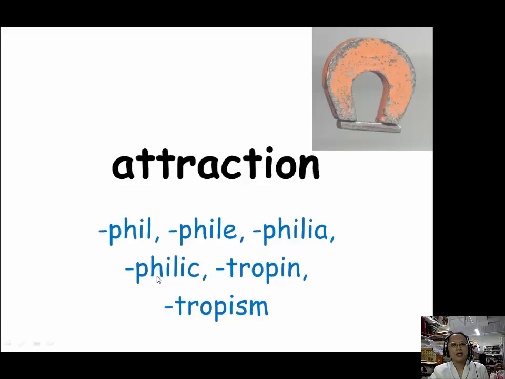Philic, P-H-I-L-I-C, is used as an adjective. Tropin, T-R-O-P-I-N, is used to describe a protein, a thing that is not an organism. And tropism, T-R-O-P-I-S-M, is used to describe a phenomenon like phototropism.